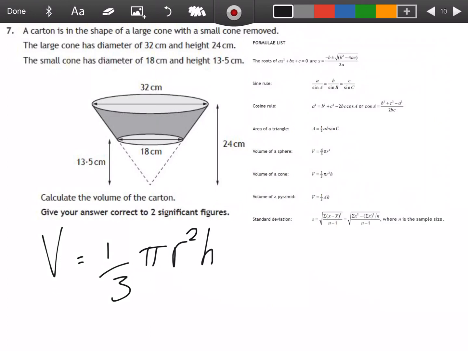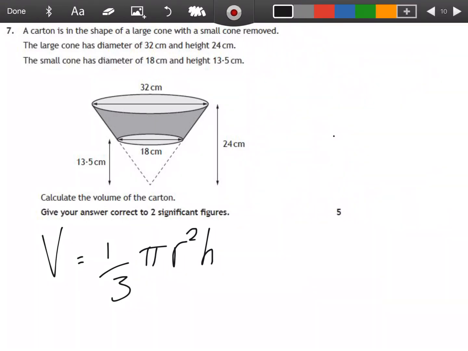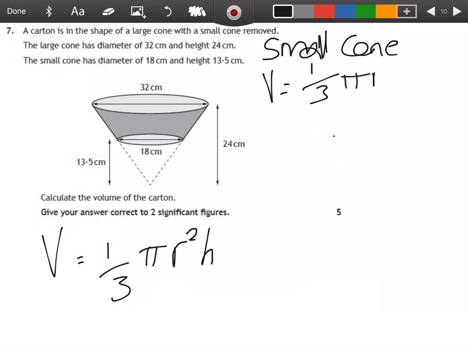Right, let me take away this formula list. We don't need it anymore. We'll work out the volume of the small cone first, okay? The small cone. So it's a third pi r squared h.